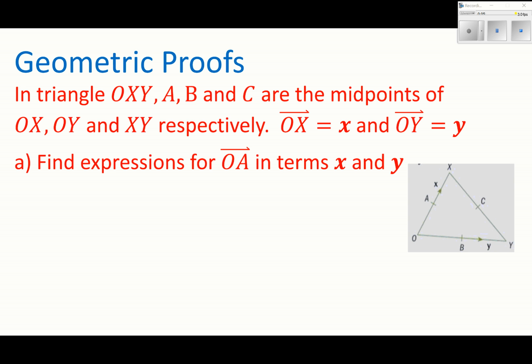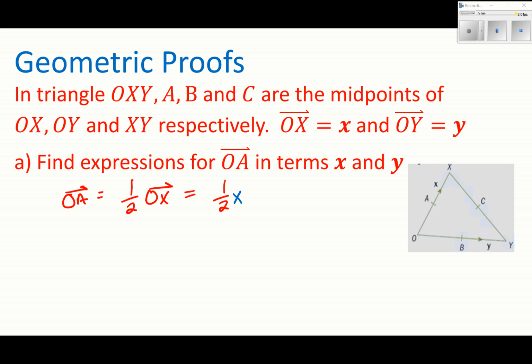Now let's do some work with it. Let's find expressions for OA in terms of X and Y. Since I know A is the midpoint, it's halfway along OX, but I know OX is really that boldface X. So 1/2 X is going to be my OA.